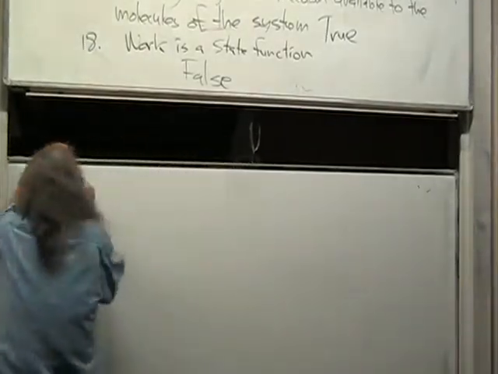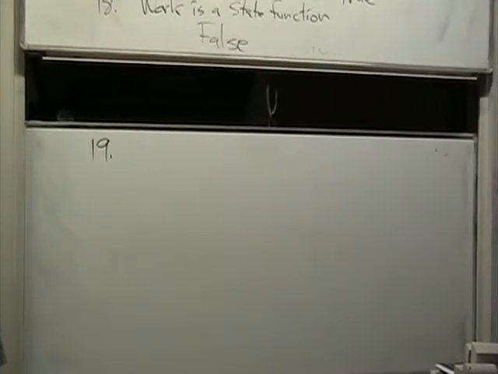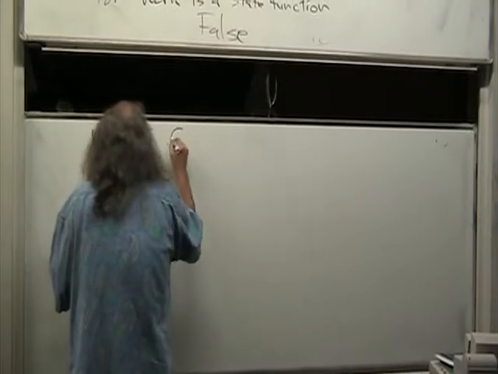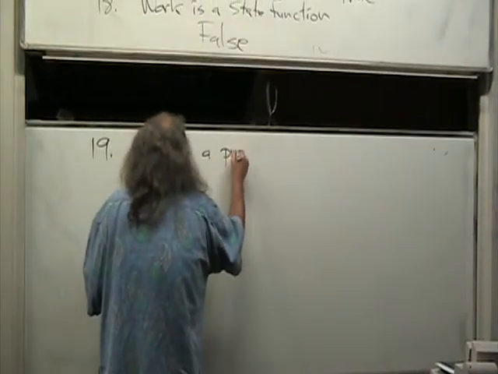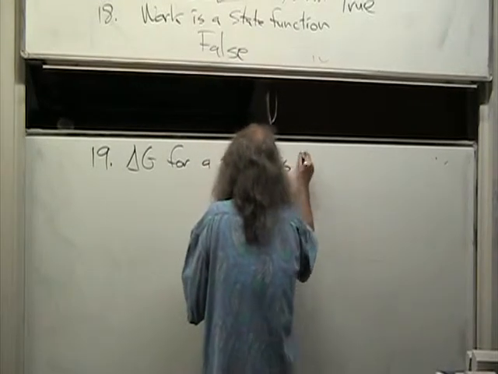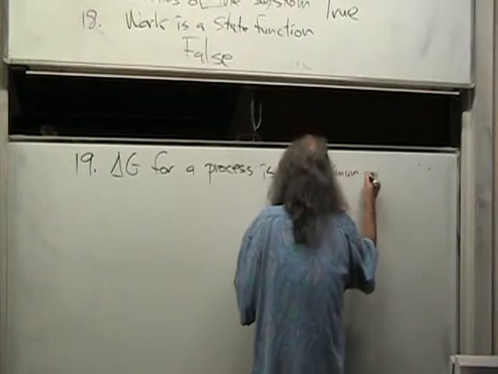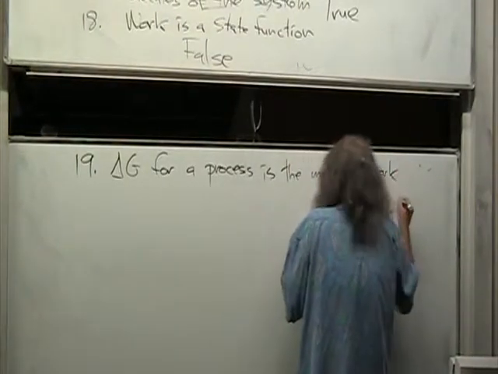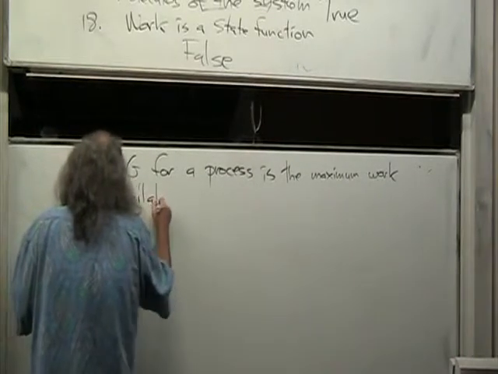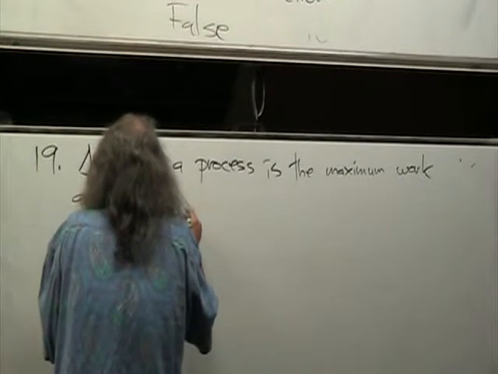Now, 19, which is: delta G is the maximum work available from the process.